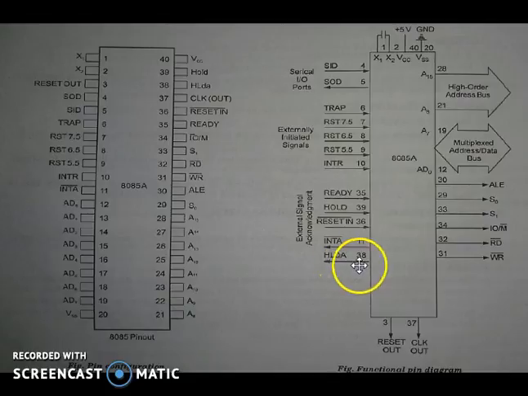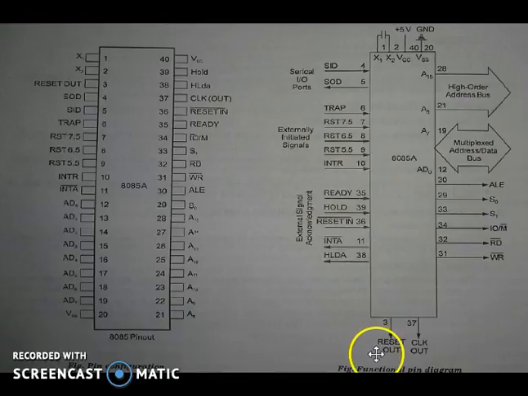And we talked about the reset signal, and reset has 2 signals. First is reset in and the second is reset out. When the signal on the reset in pin goes low, the program counter is set to 0, and the buses are tri-stated, and the microprocessor is reset.